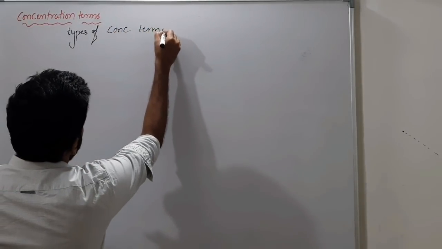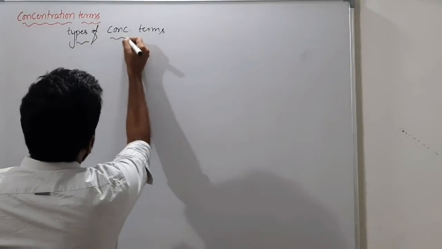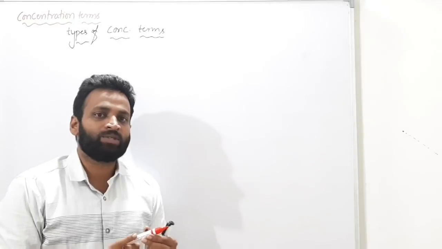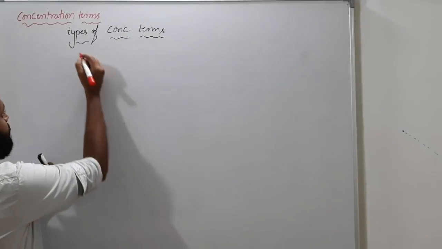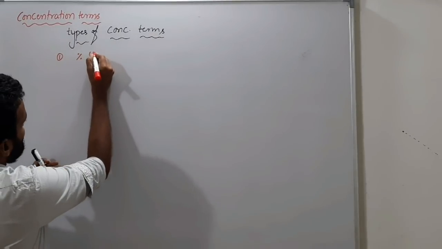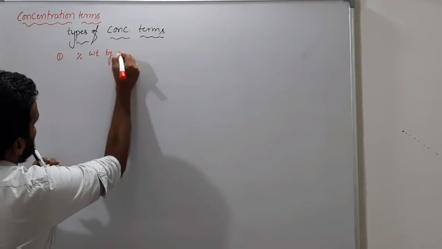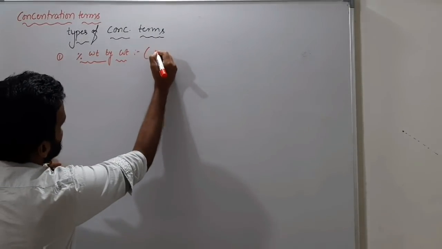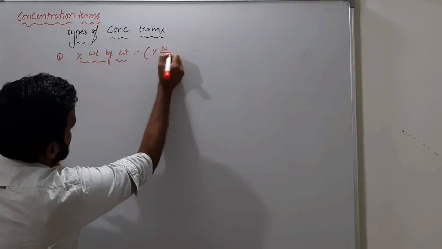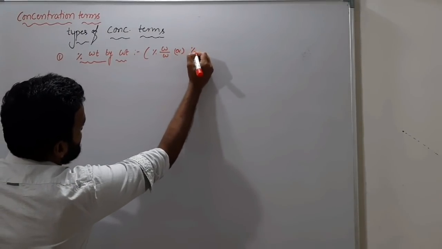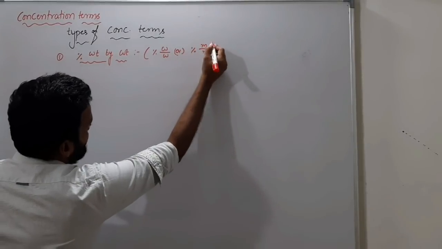How many types of concentration terms do we have? Let's see one by one. First one: percentage weight by weight. This we can represent as percentage W by W, or else percentage M by M, mass by mass.